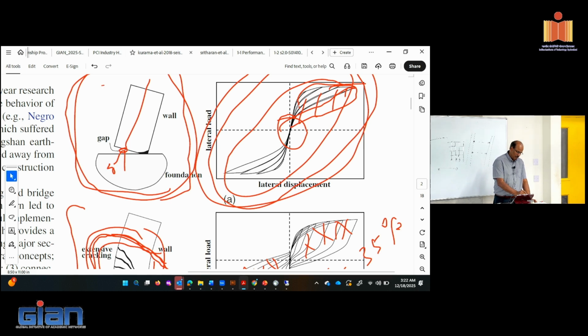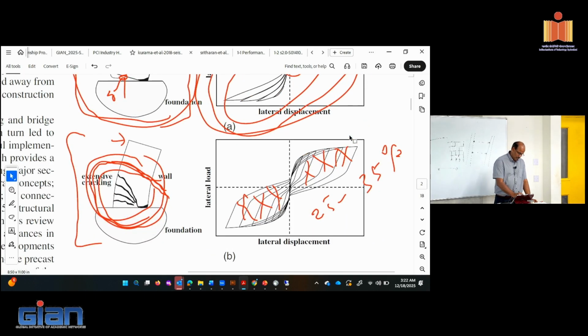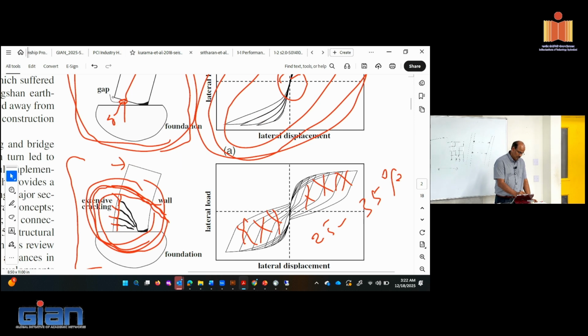And so if I'm moving this, let's say 100 millimeter at the top, from a deformability point of view, these cracks, what you see here, will have different depth, different width. If I take the summation of that crack, that should be roughly the same as this, right?